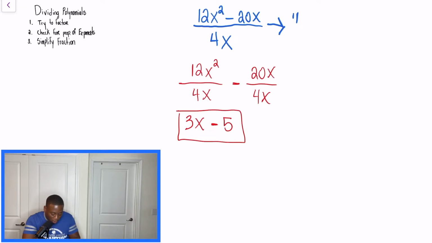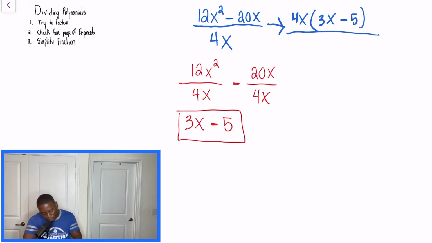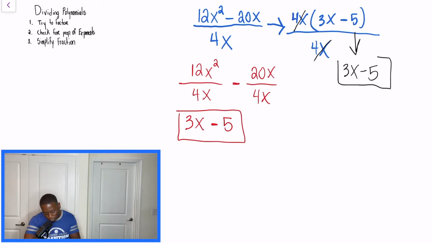If I took out a greatest common factor of 4x, what I would have left over now is 3x minus 5. And once I put the fraction back together, I'll notice that I could actually simplify, right, by getting rid of my 4x's, and all I'll be left with is 3x minus 5.